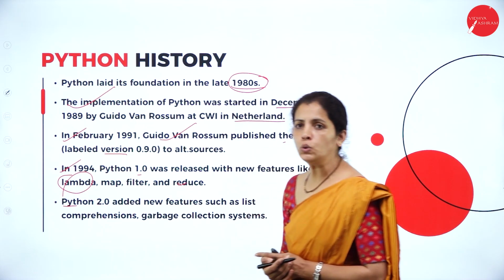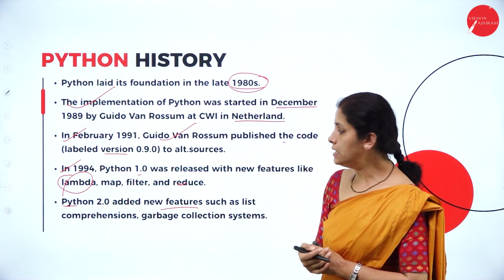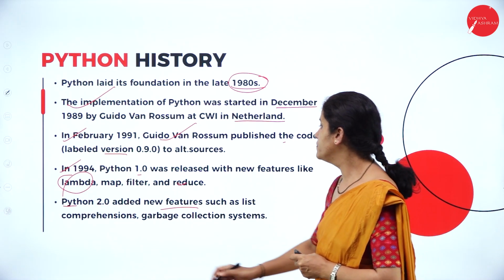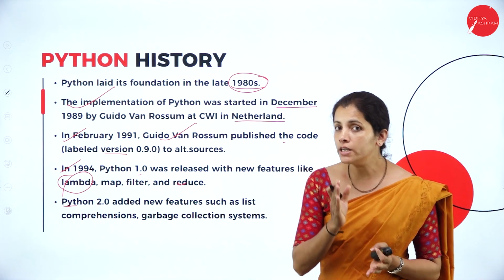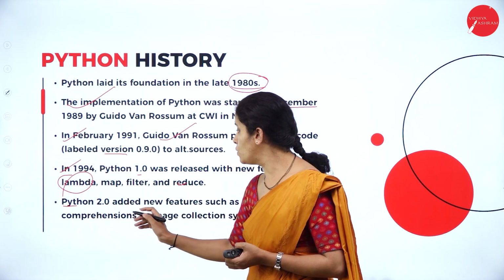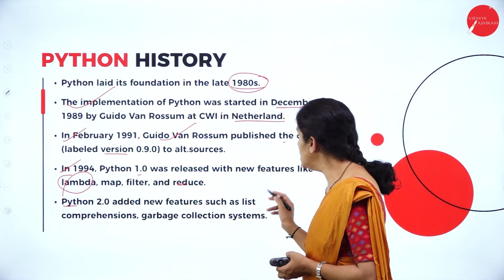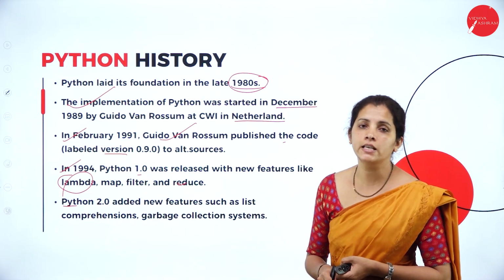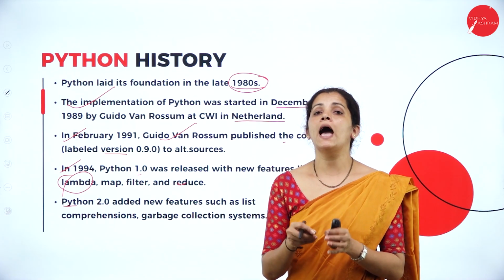Then Python 2 added new features like list comprehension, garbage collection system, etc. So dear student, we have Python 2.0. It includes features like list, garbage collection, etc. If I consider programming languages, we have arrays.